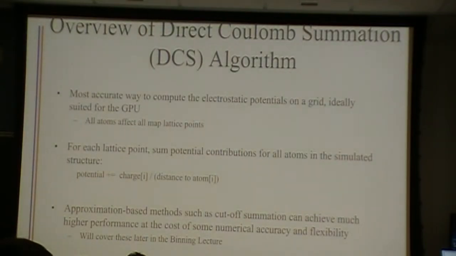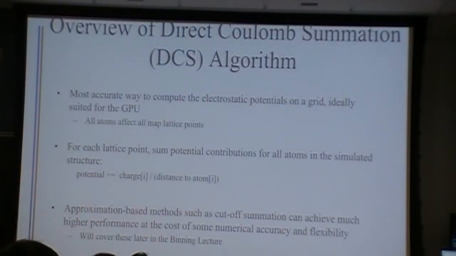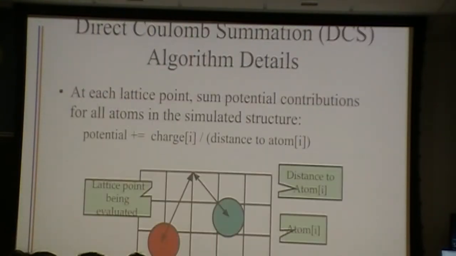If my atom is very far away from part of my electrostatic potential map, we're dividing by a large number, and so we can just assume that that's 0. That gives you some loss of accuracy, because it's not 0. But the nice thing is that you don't have to compute all m inputs for all your n outputs, so it's faster. We're going to talk about that later in binning.